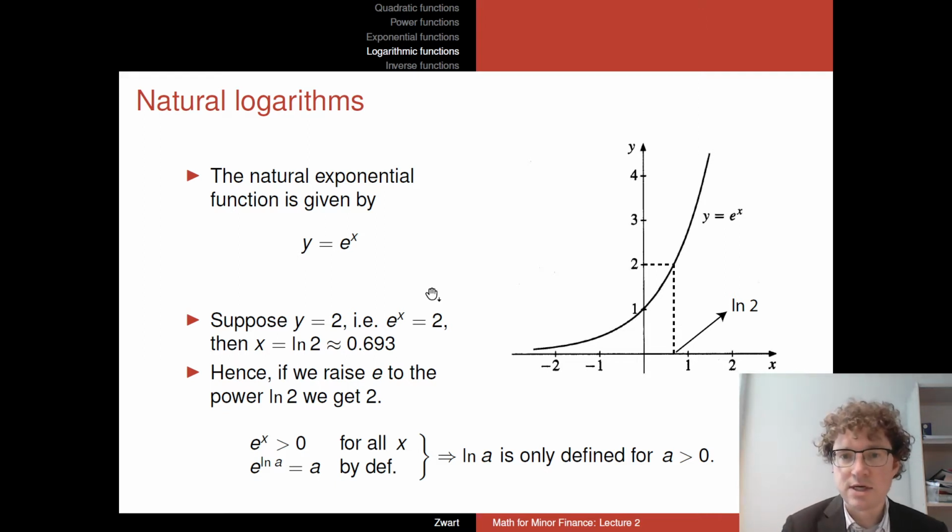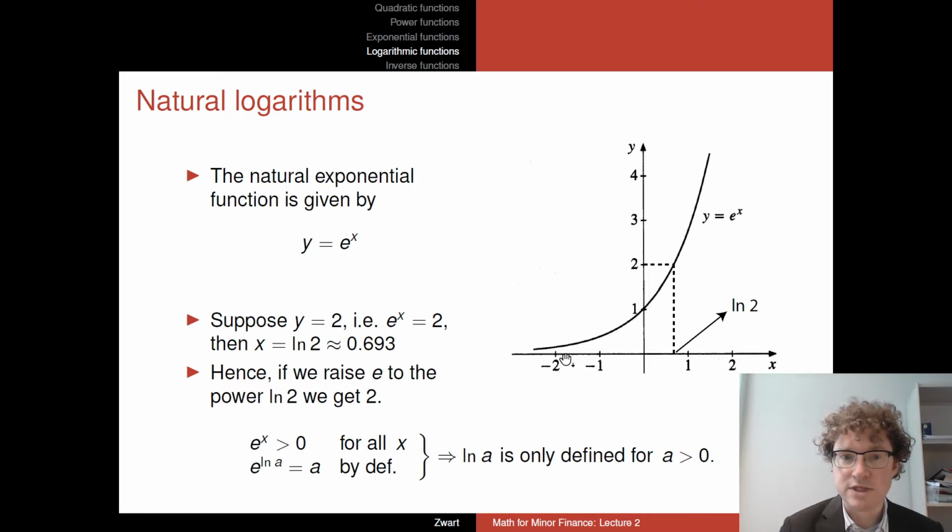It's over here. And we figure out what x we should put in to make sure that e to the power x reaches height 2. If you look at this graph, we see it's somewhere between 0 and 1, closer to 0.7.